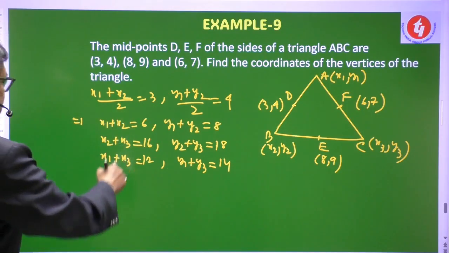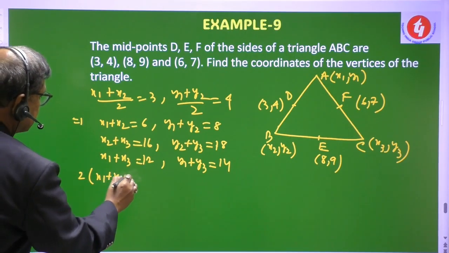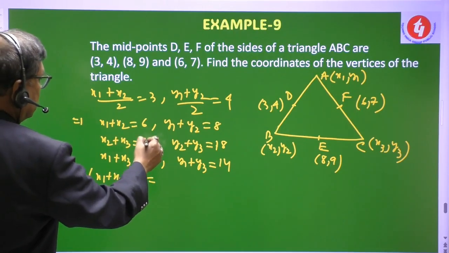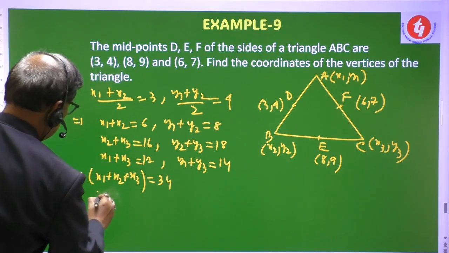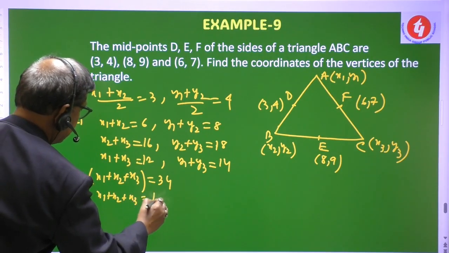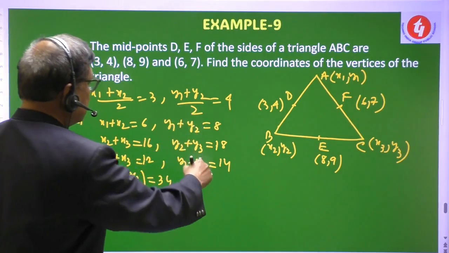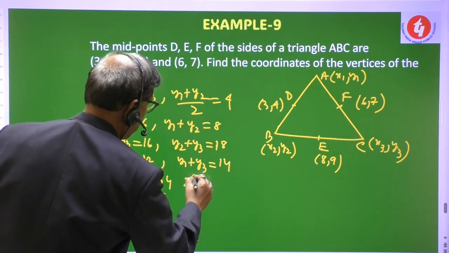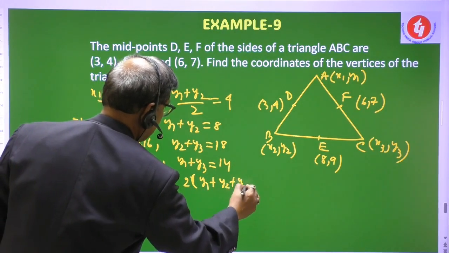Now if we add these 3 equations, we will get twice of x1 plus x2 plus x3. How much? It is 34. So x1 plus x2 plus x3 is coming 17. Similarly, adding these 3 equations, we are getting twice of y1 plus y2 plus y3.